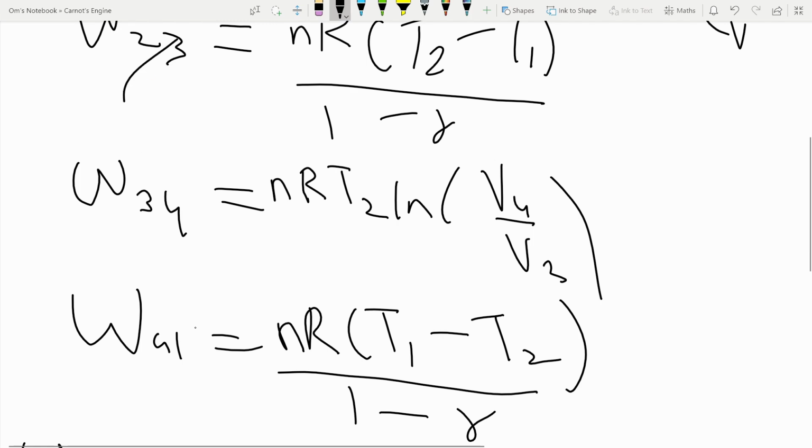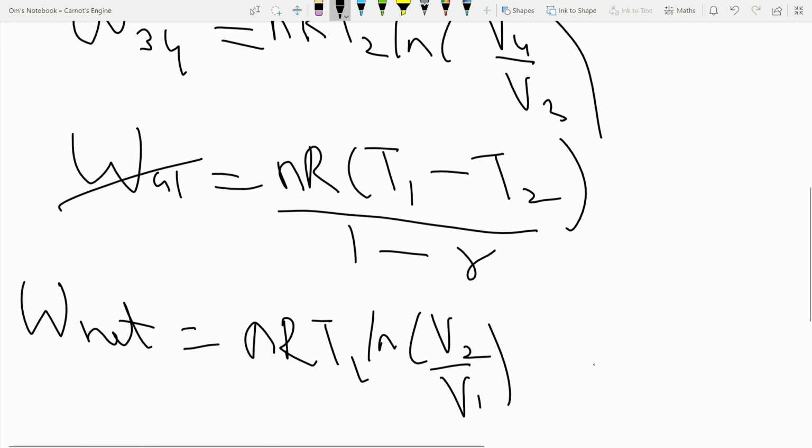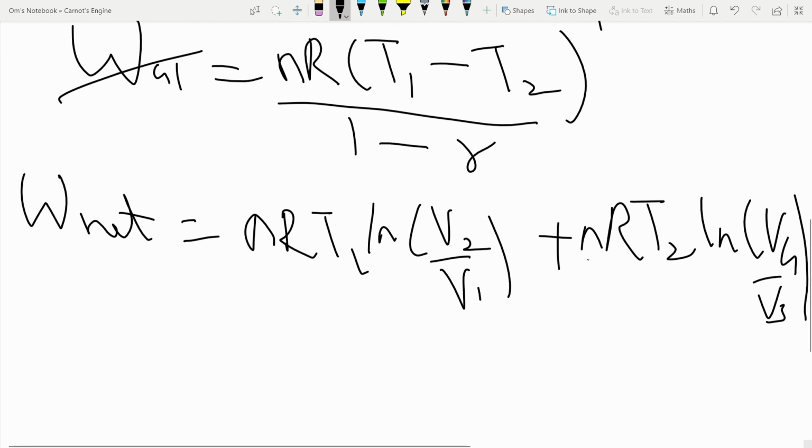So these will actually get cancelled. So all you need to do is continue over here, plus nRT2 ln of V4 by V3. Alright, so this is the net work done.